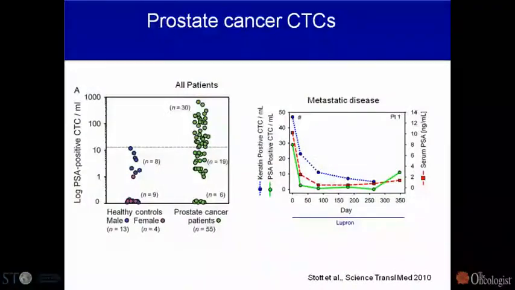So CTCs are maybe measuring the amount of tumor, but they measure something else in addition. Perhaps vascular invasiveness, perhaps other things. So across patients, these don't correlate at all. But within a given patient, what we see every time is when there's effective therapy, the number of CTCs drops dramatically. When the therapy is not effective, we don't see much of a change.